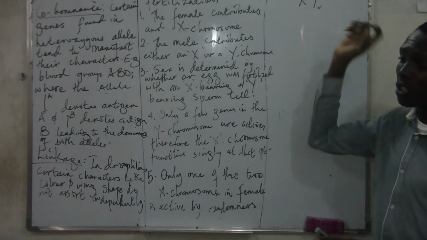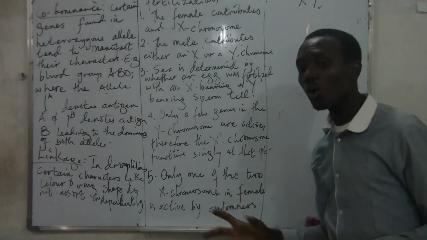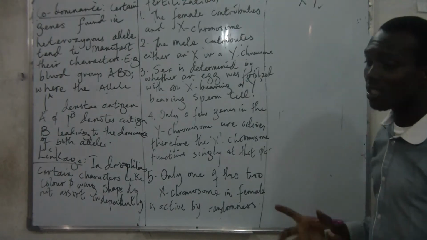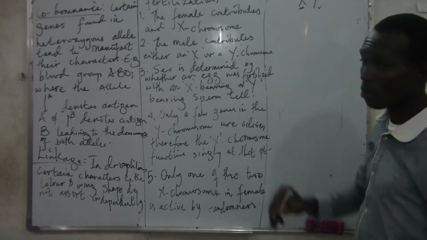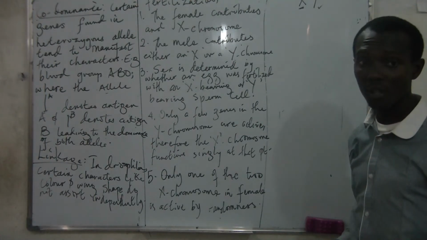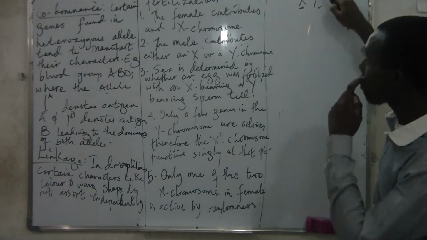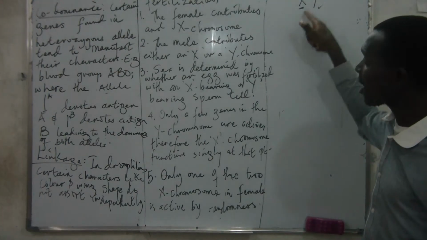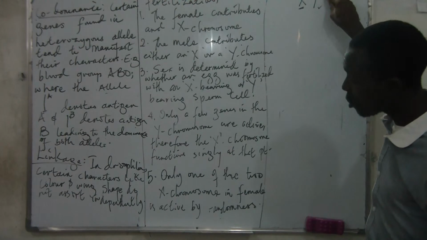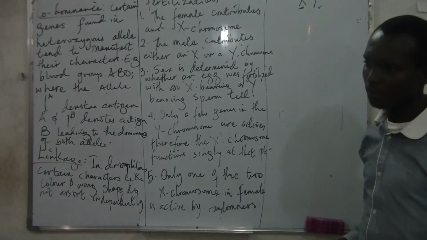And those ones are found only in the X chromosome. Why? Most of the characters you find in humans, male and female alike, are found in the X chromosome. Most of the characters are found in both, and at that point, the Y chromosome is not active for those genes. So most of the characters, except for the few that denote masculinity.